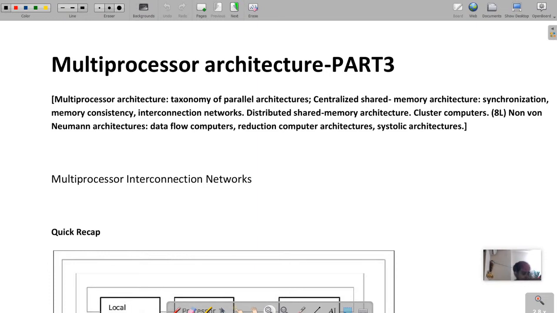Now let's get to the topic. Hope you have gone through the previous tutorials of multiprocessor architecture.